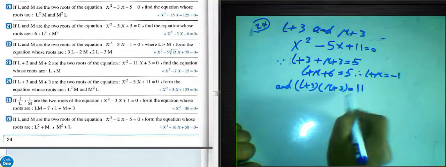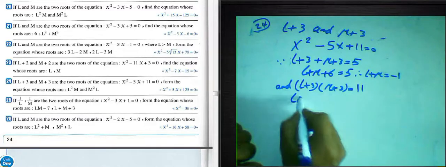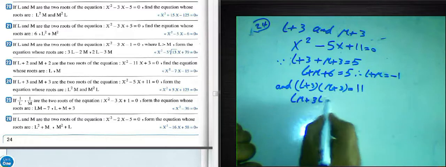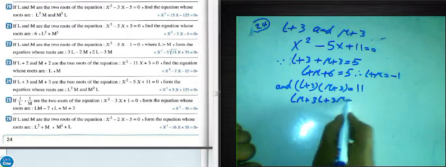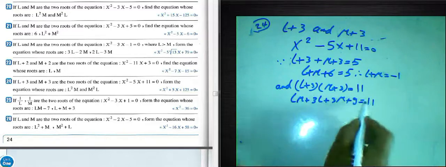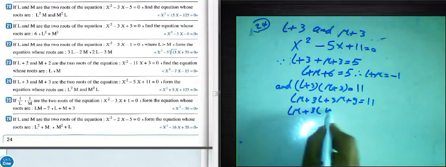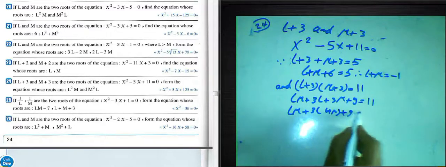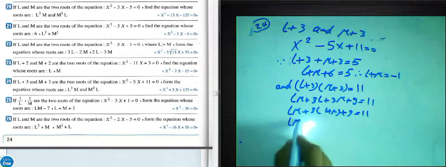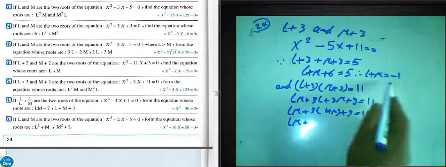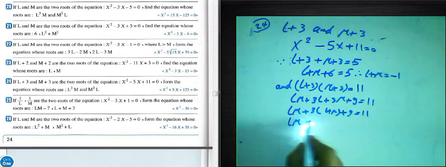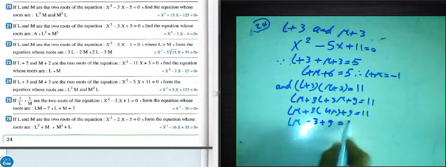equals 11. So LM plus 3L plus 3M plus 9 equals 11. LM plus 3 multiply L plus M plus 9 equals 11. Since L plus M equals negative 1, it will be negative 3 plus 9 equals 11.